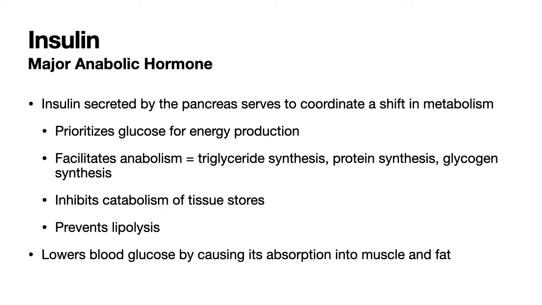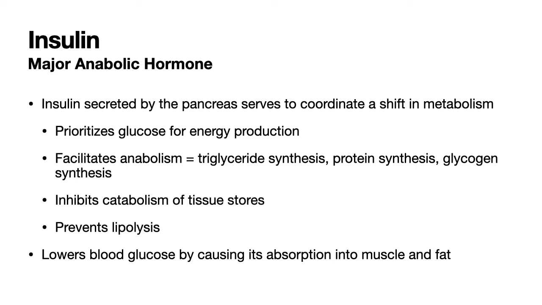If we use the word anabolic, we refer to chemical reactions that build up, that create larger molecules from smaller molecules. So that is what is referred to by the term anabolism. No? So insulin secreted by the pancreas serves to coordinate a shift in metabolism. What is this shift?